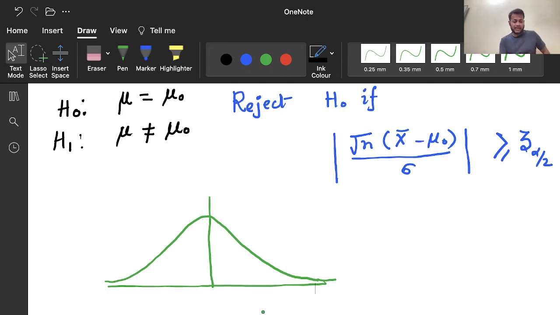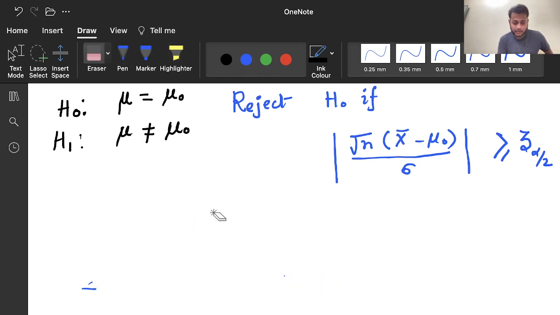Let's see. Again, from the same rationale, we say that if my observed data is coming from the part of the distribution that is below alpha percentage... suppose when I will reject, okay, let me draw it again.